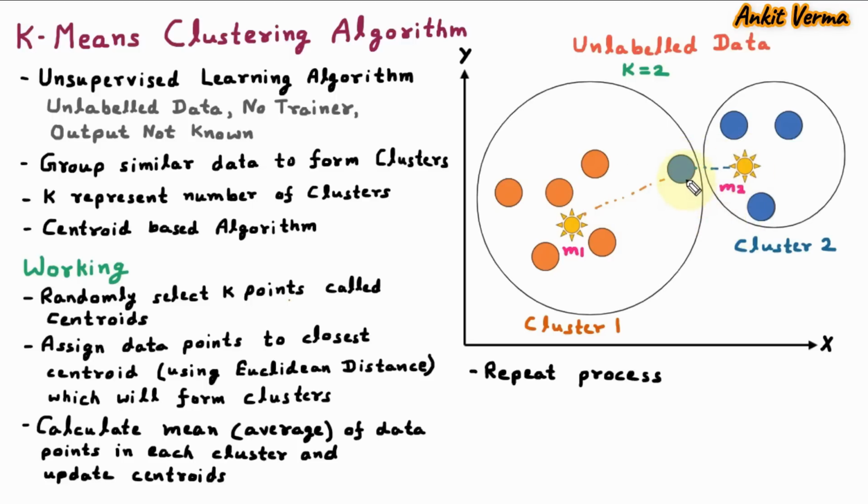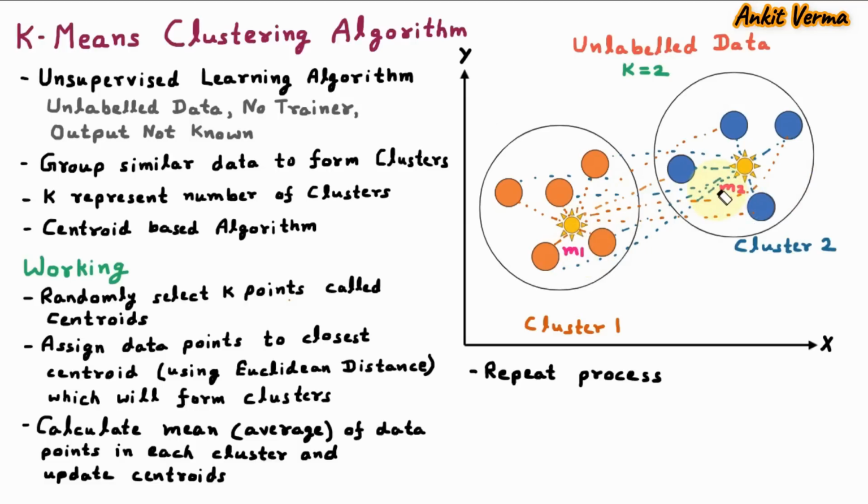Here the important thing to observe is that this data point is changing its cluster. In the same way, the distance of each data point with both centroids is calculated. After calculating the Euclidean distance, we have observed that these points are near to M1 and these points are near to M2. So it is time to create the new clusters.